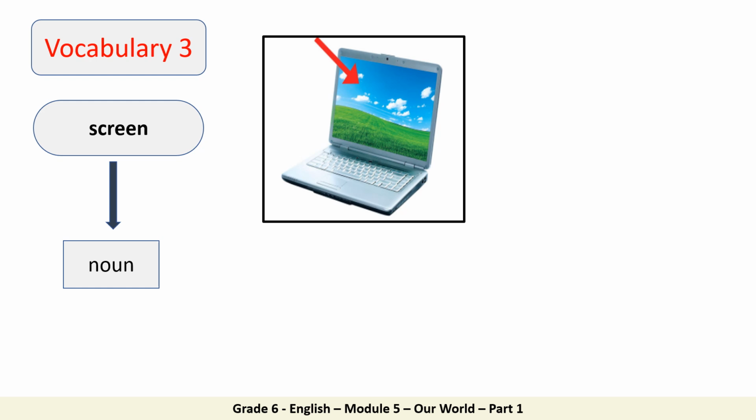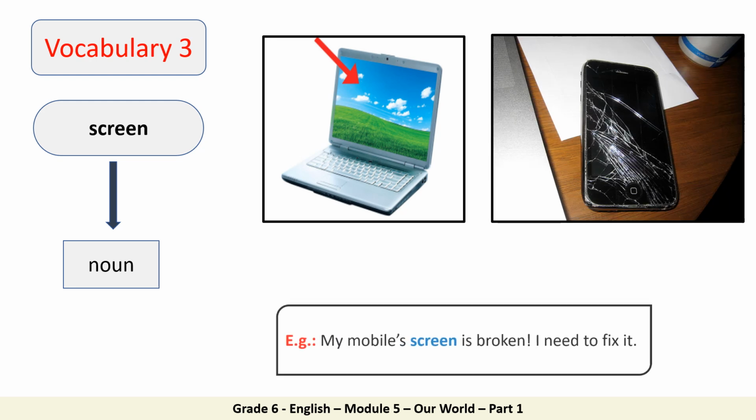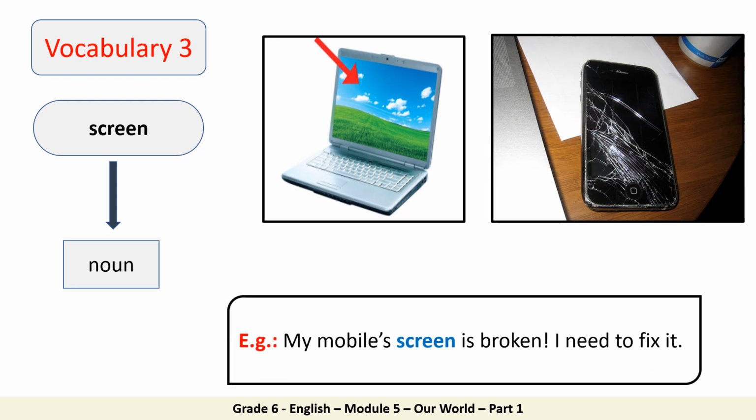Could you please repeat after me? Screen. Awesome. Remember, there's a long E because we have double E, right? Now, could you use the word screen in a sentence? Great job. My mobile screen is broken. I need to fix it. That's right.